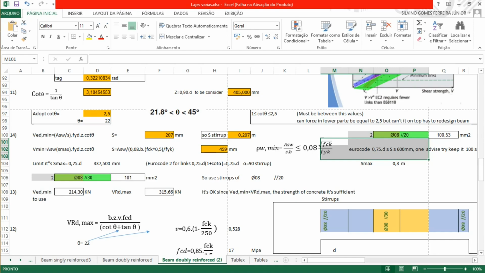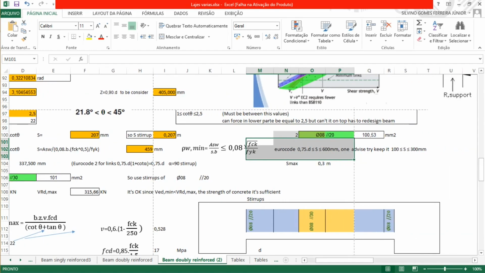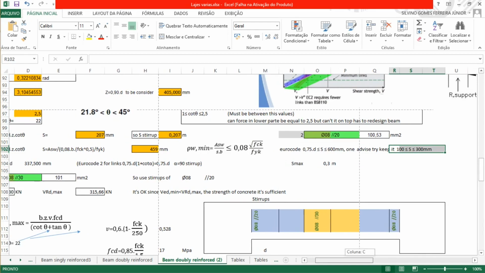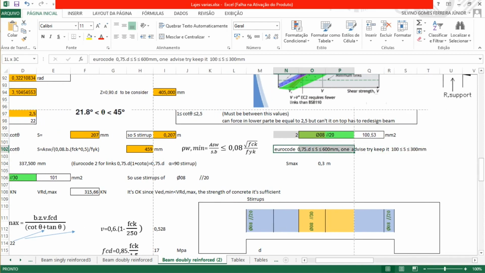So it's limited by this, and I advise to keep the spacing of the links between 100 millimeters and 300 millimeters. That's what you usually will see on the construction site. In bigger structures, you may get bigger spacing.